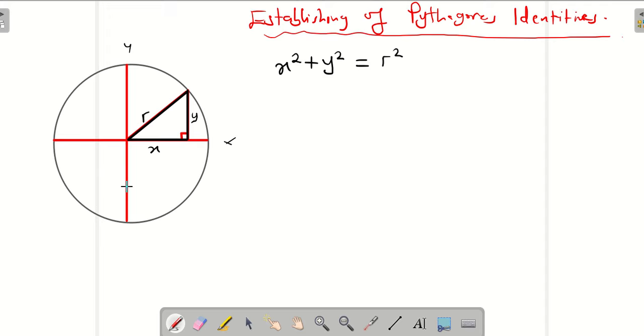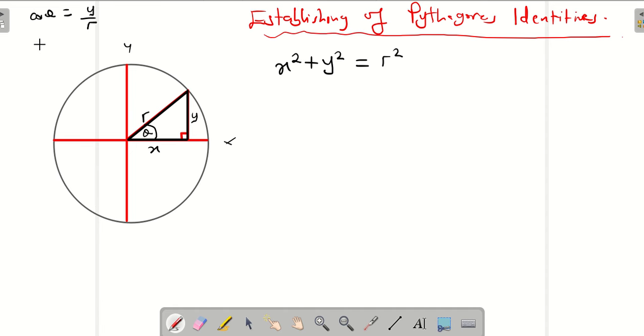You have to also know that, let's say this is your angle, theta. We have already established that sin theta is equal to opposite, which is y, over the hypotenuse, which is r.